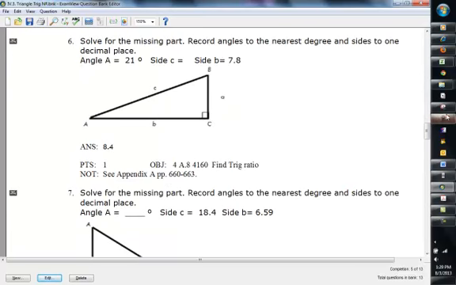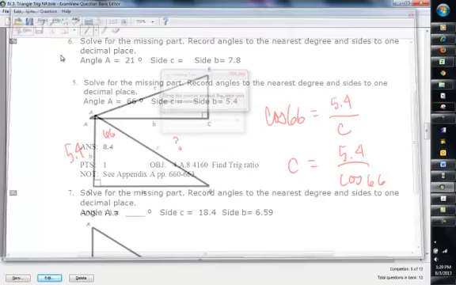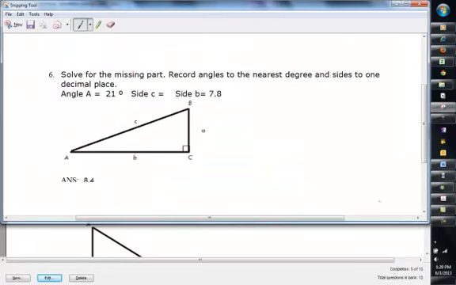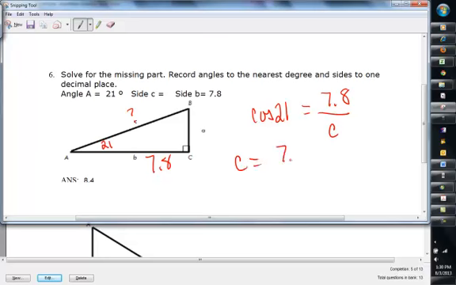Next one. A is 21 degrees. C is what we're looking for. B is 7.8. So cosine 21 is adjacent 7.8 over hypotenuse C. C is 7.8 over the cosine of 21 degrees.